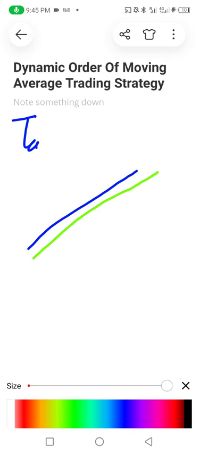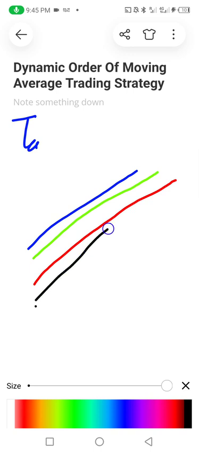And then we have another moving average going like this. And then another moving average going like this. You see, now each of these moving averages has a different period.